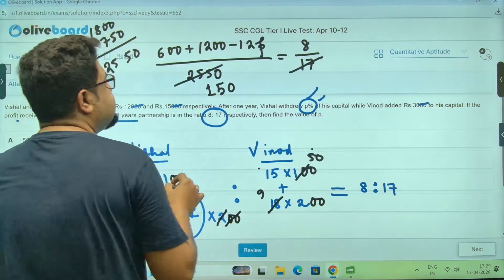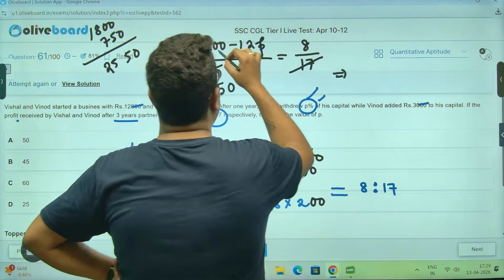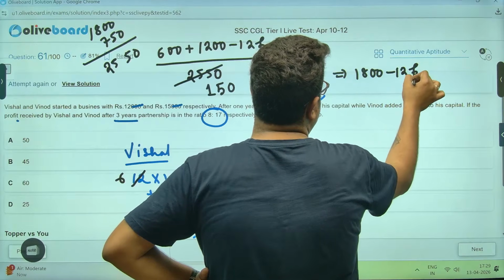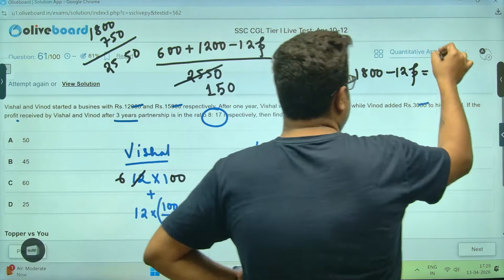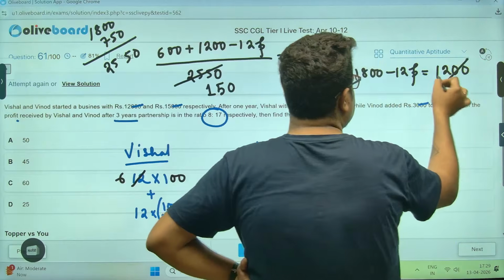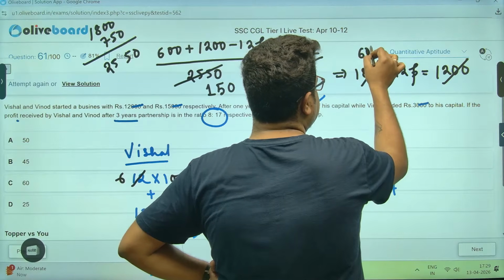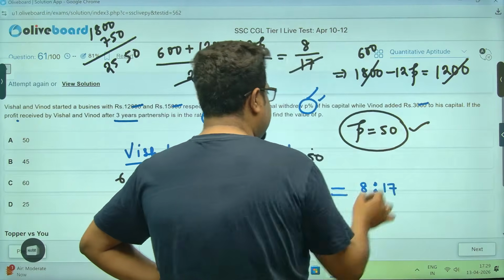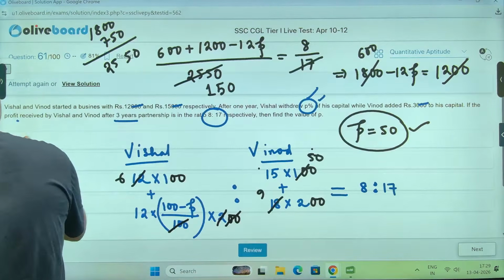This is gone, sir. Yeah, it's not very difficult. 1800 minus 12p, it is going to be 8, 12, 15s are 120 and a 0. This and this, it will be 600. So p becomes 50, sir. The value of P is 50, sir.